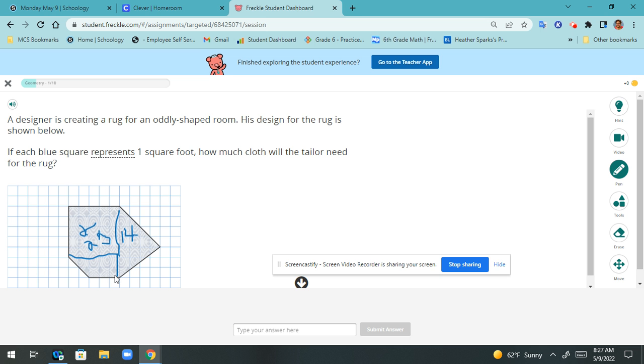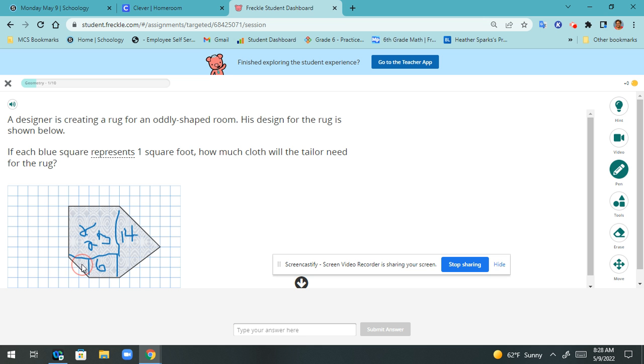And then this looks like I can either do it as a trapezoid or a rectangle and a triangle. So 1, 2, 3, 4, 5, 6. So you see how we're breaking it up into little areas. And then the height of this triangle is 2. The base is 2. 2 times 2 is 4.